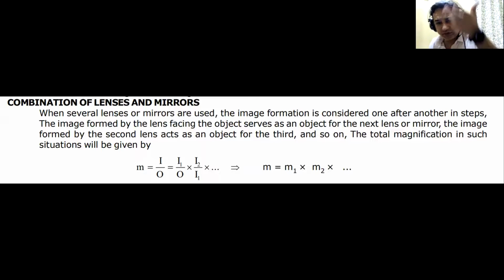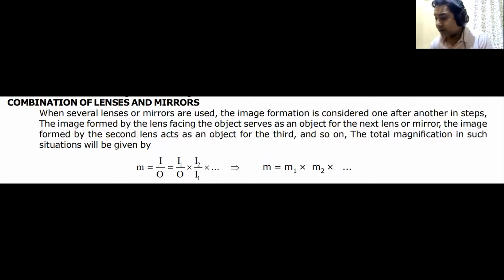That second lens will form a second image. That second image will act as the object for the third lens, and so on until we get to the last element, where the image formed by the previous element will act as the object, and that will form the final image. Do we understand what I am telling you?